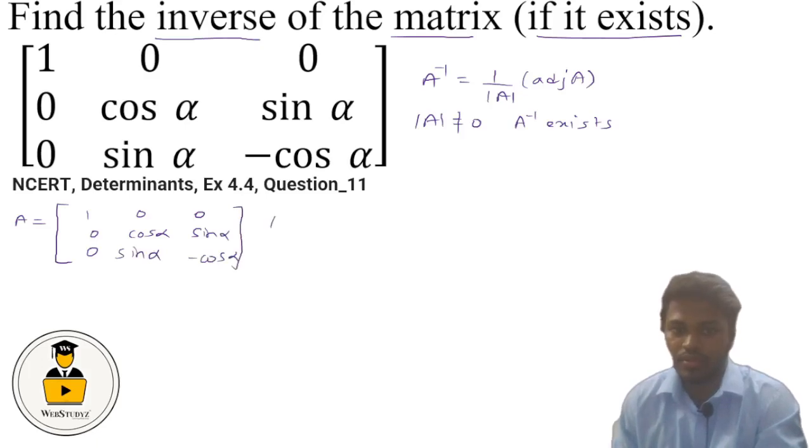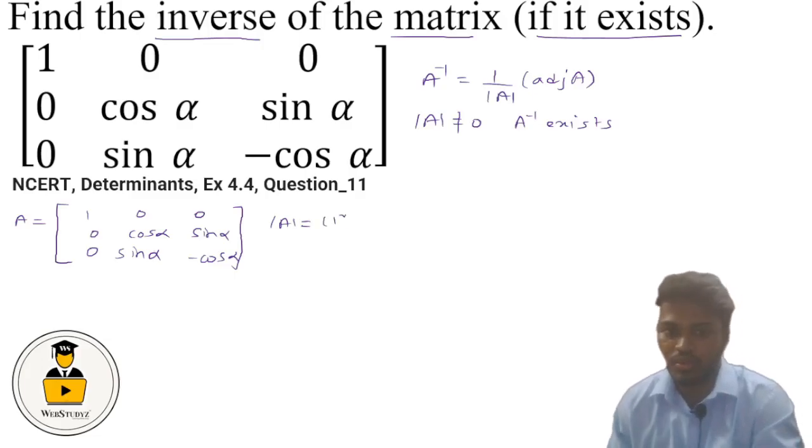So first we will calculate the determinant to check whether the inverse exists or not. So this will be 1 into minus cos square alpha minus sine square alpha, plus 0 into 0, so this is 0, and plus 0 times 0, so again it is 0.